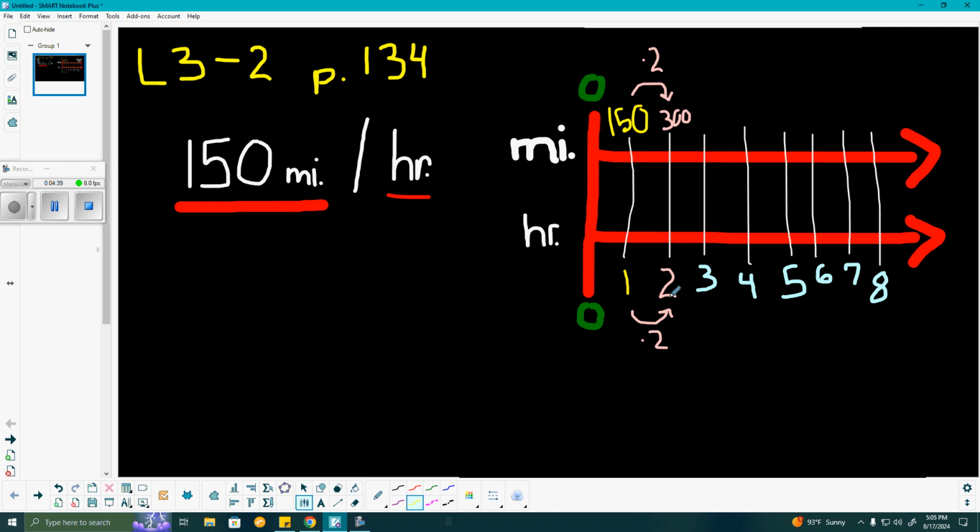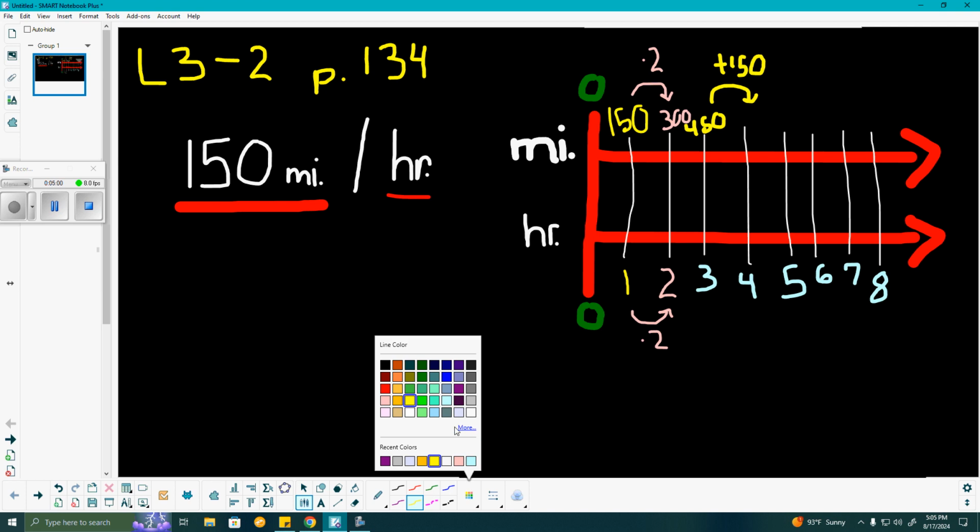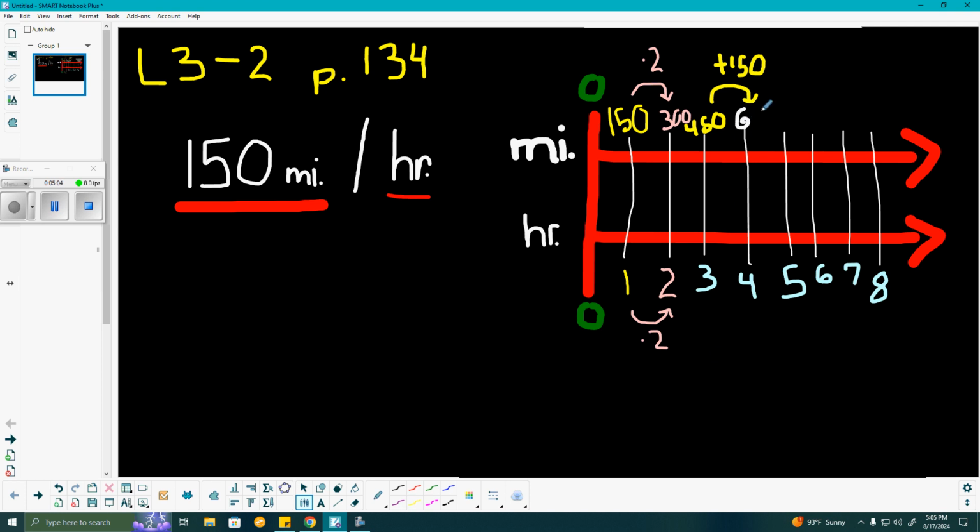Let's do the same thing, increasing our intervals for miles. 150, 300, 450. If I were to add 150 again, which is what I'm doing each time, I would get 600, and so on and so on.